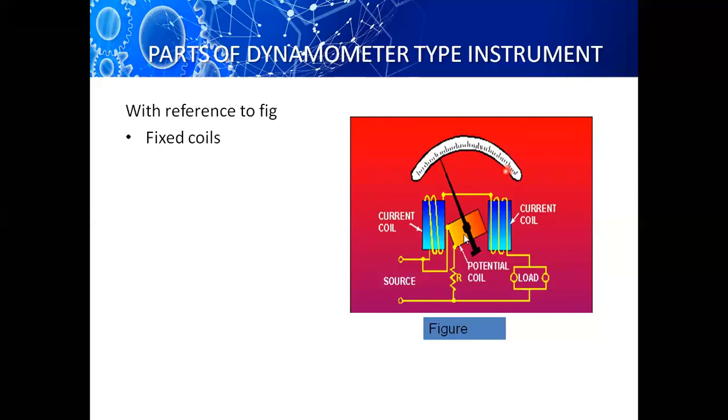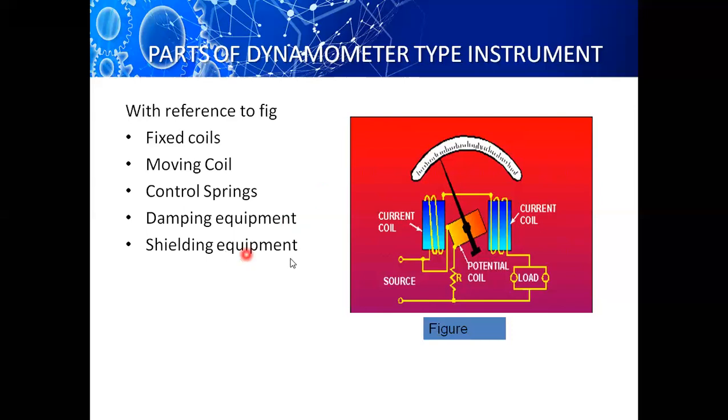That means the potential coil is attached to the moving system. Hence, we have a moving coil, and we have control springs, damping equipment, shielding equipment, and scale.